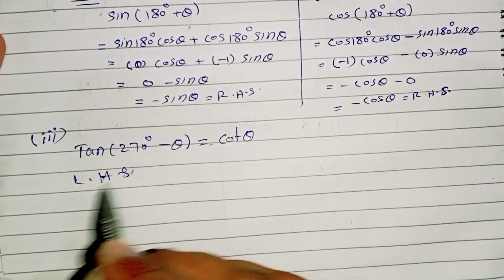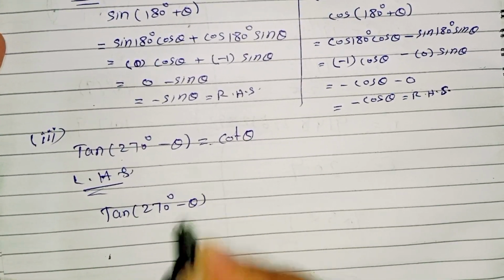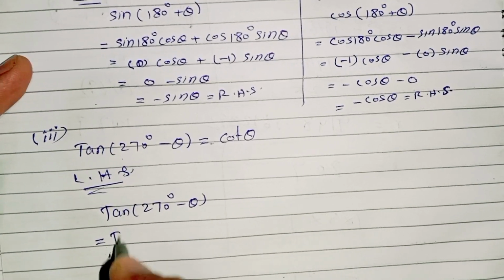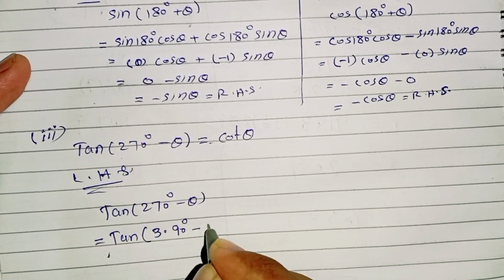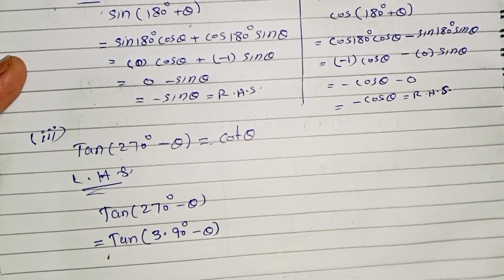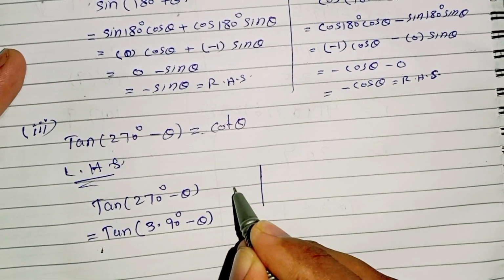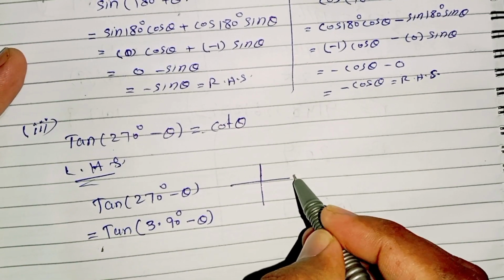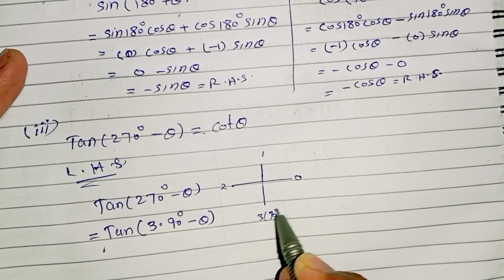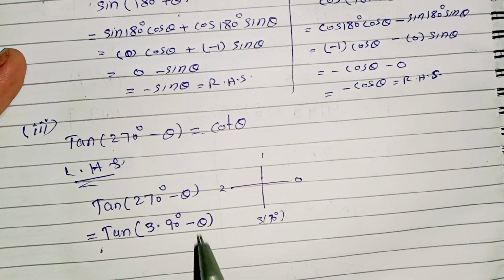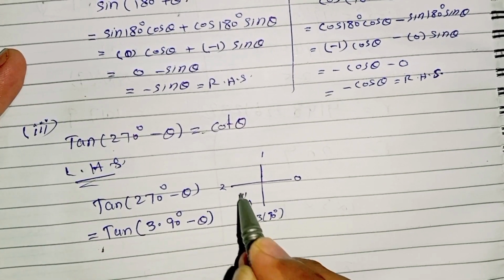Left hand side, tan(270 degree minus theta). It can be written as tan(3 multiplied by 90 degree minus theta). Since 3 is an odd multiple of 90 degree, and we can make the quadrants 0, 1, 2 and 3 into 90 degree, and we have a negative sign in case of theta, so 3 into 90 degree minus theta lies in third quadrant.